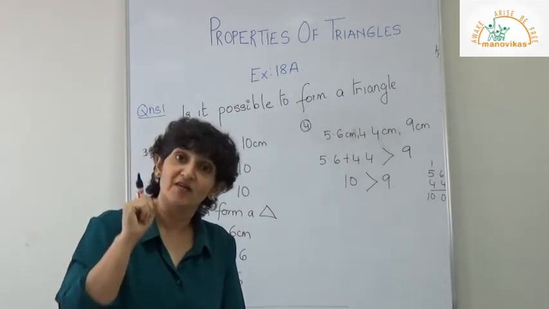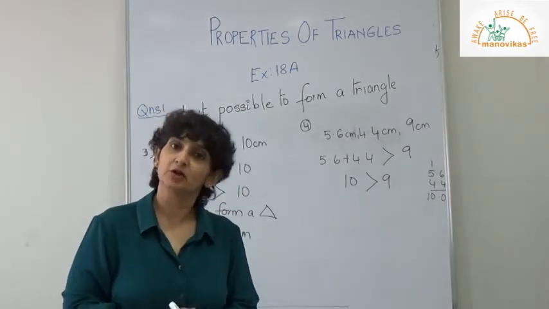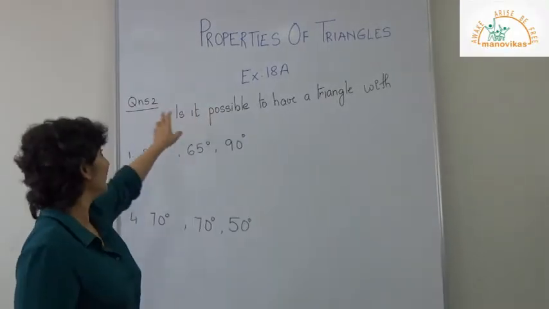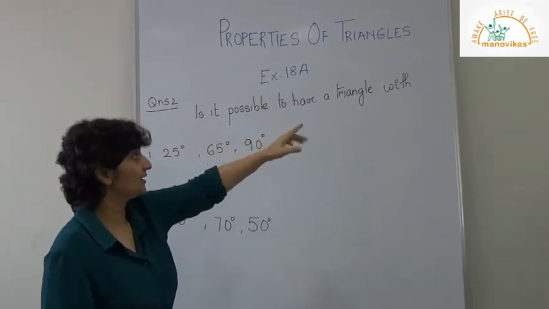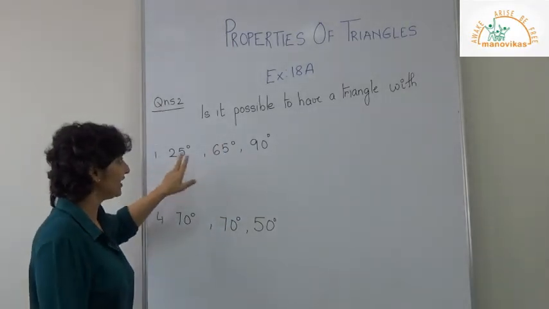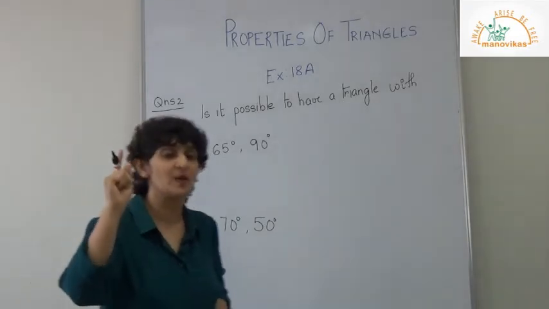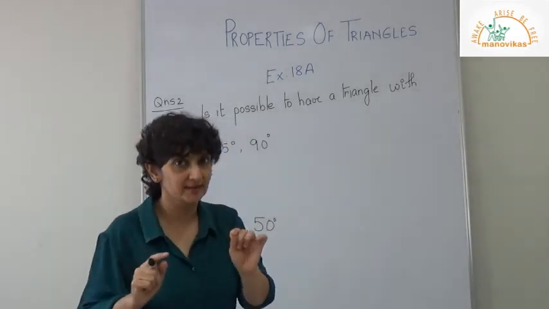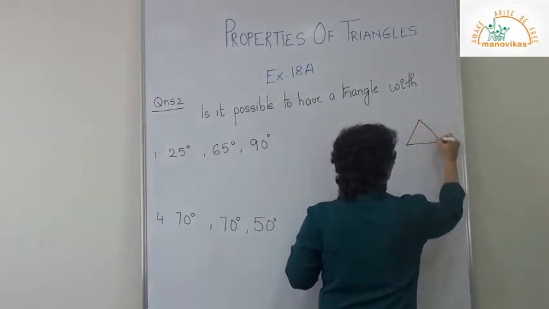So I hope you have understood the first question. Let's move on to question 2. Children, exercise 18a, question 2. Is it possible to have a triangle with these kind of measures? Now we have 25, 65 and 90. In question 1, we spoke about the length of the sides of triangles.